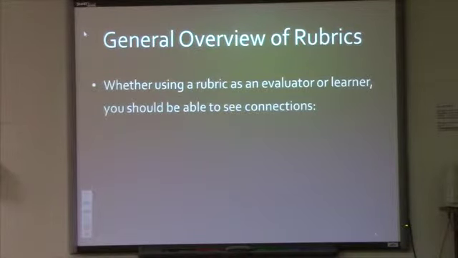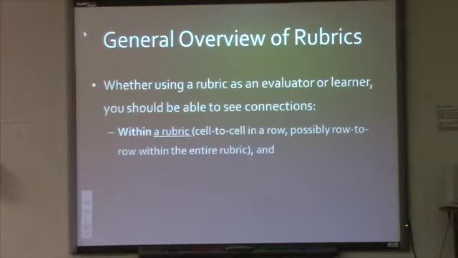They start to make sense. So whether using a rubric as an evaluator or learner, you should be able to see connections. So you are going to see connections within a rubric, from 3 to 4 to a 5. You're going to see a progression at that row where it's going to become more and more complex.